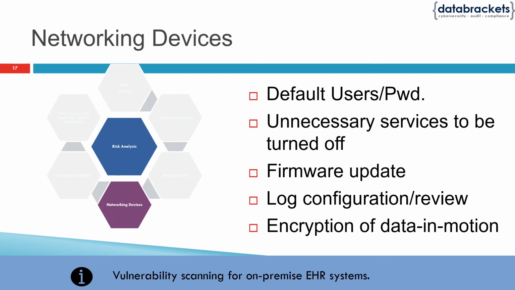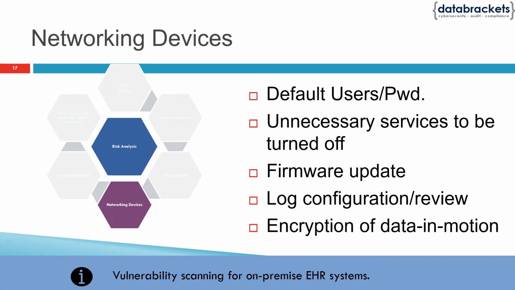Anybody can just Google and get the default username and password and log into your router if they have internet access in your practice. So you need to update those default usernames and passwords, turn off unnecessary services, and update the firmware.